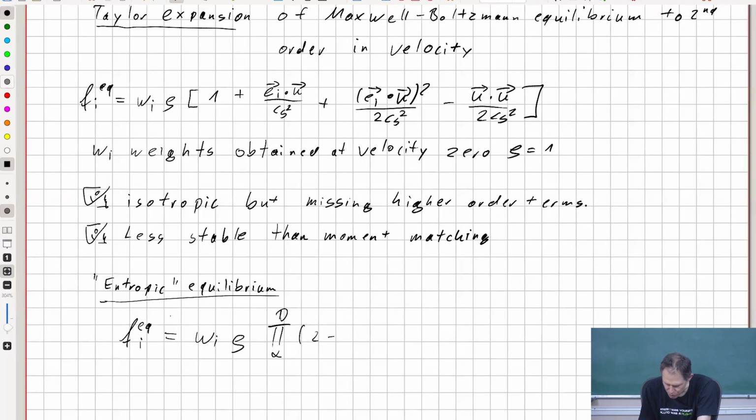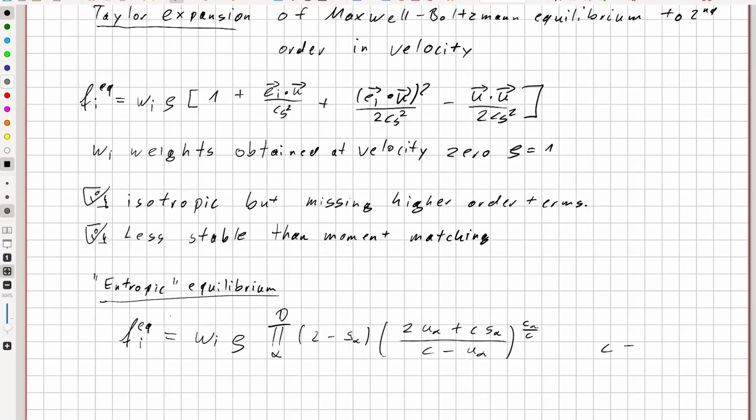So this goes into 2 minus s alpha, 2 u alpha, so this would be u, v, w if it's three-dimensional, plus c s alpha divided by c minus u alpha, and this by the power of c alpha divided by c, where c is equal to delta x by delta t, and this S alpha is equal to 1 minus u divided by cs squared.